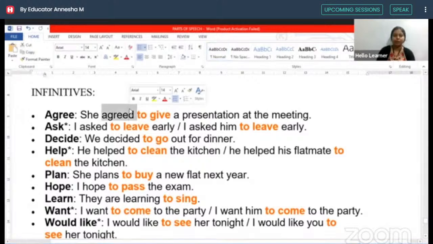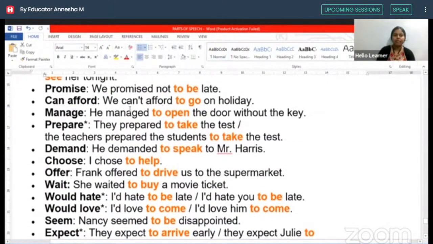Then promise, can afford, manage, prepare, demand, choose, offer, wait, would hate, would love. So you see love, hate, like, ये सारे हमारे ऐसे verbs थे जिनके साथ gerund भी लग सकता है, infinitive भी लग सकता है. But उनके पहले जैसे ही हमने एक modal would लगा दिया, उनके बाद सिर्फ और सिर्फ infinitive लगेगा. We cannot use gerund after would hate, would love.